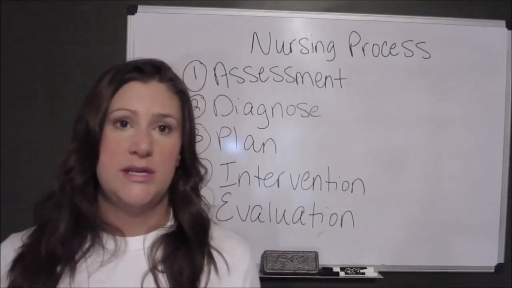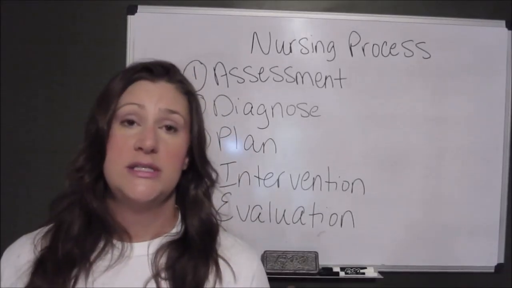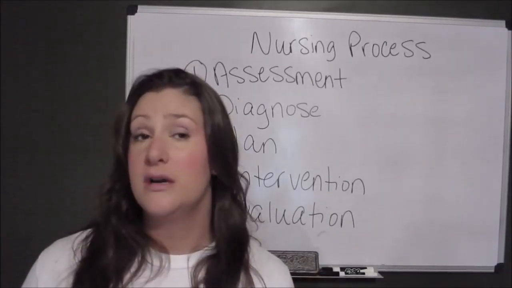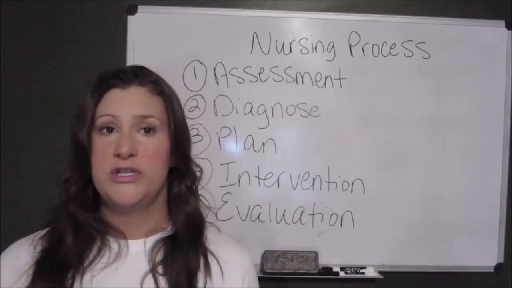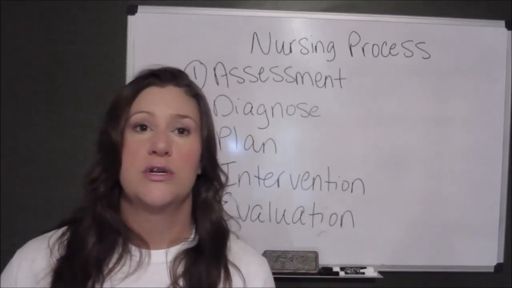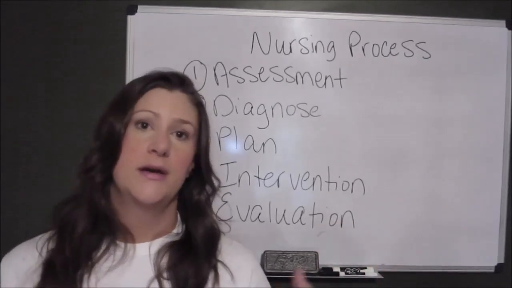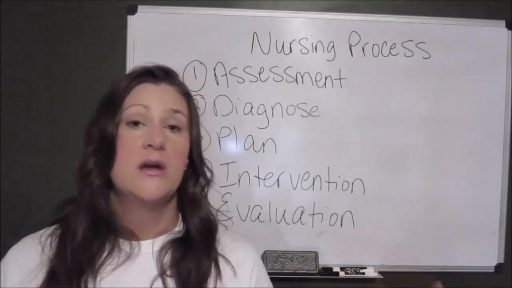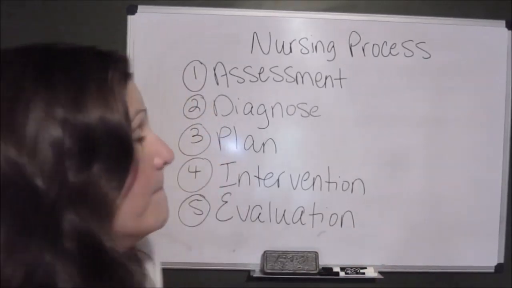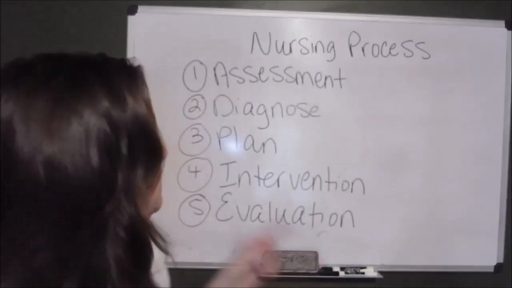Diagnose. So this is either going to be a nursing diagnosis, such as ineffective airway clearance, or a priority problem, such as shortness of breath, tachycardia, hypovolemia, something like that. Make sure you don't use a medical diagnosis.